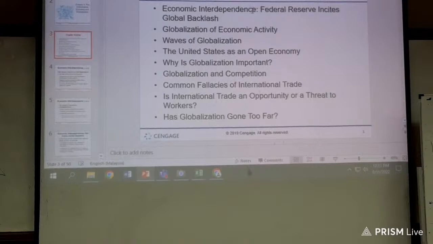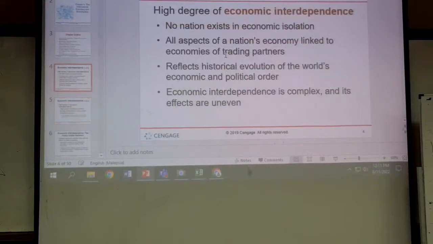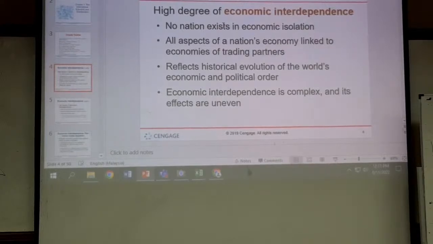So this is the definition: economic interdependence, economic activity, a high degree of economic interdependence. I'm going to tell you this definition from this book is only a one-sided definition. I'm telling you the whole meaning of globalization: compression of time and space with double movement of action and reactions.